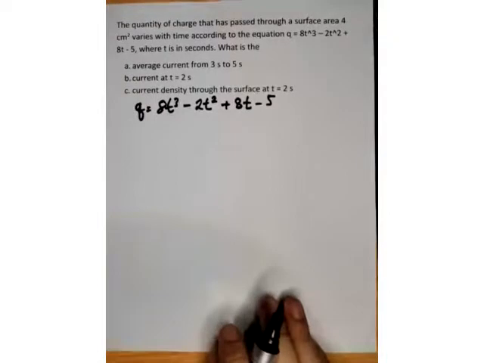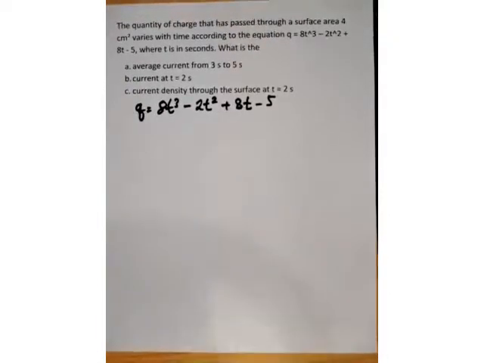So what is A? The average current from 3 to 5 seconds. Okay, what's the average current from 3 to 5 seconds?